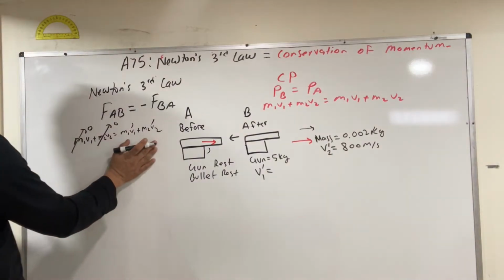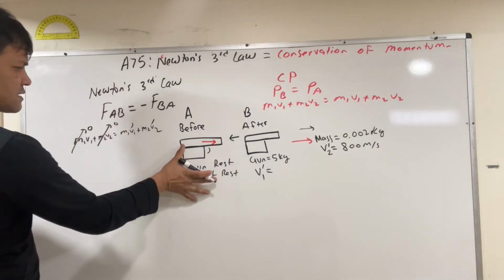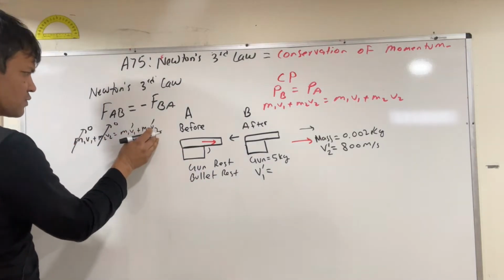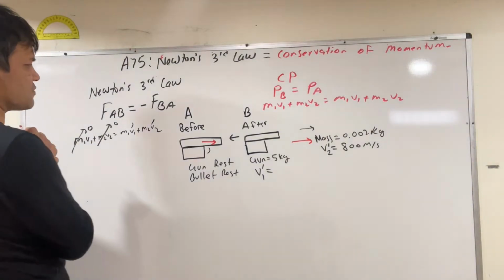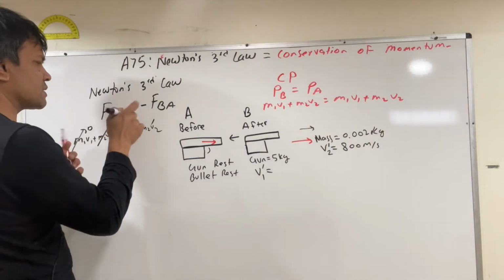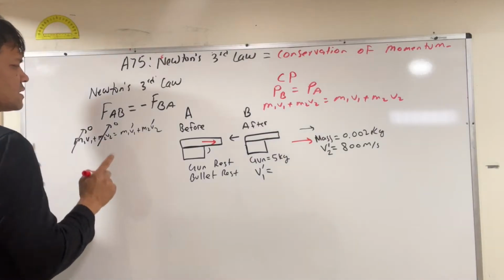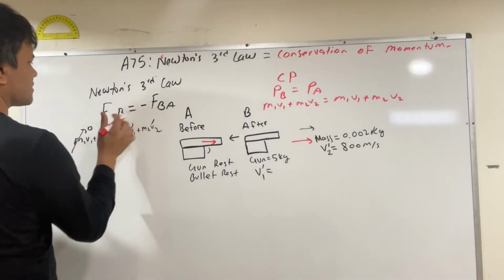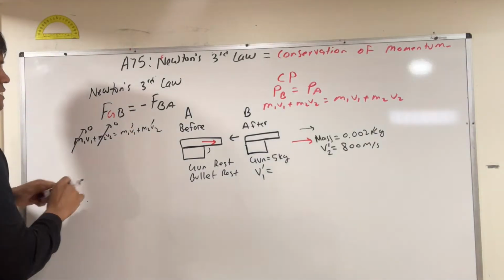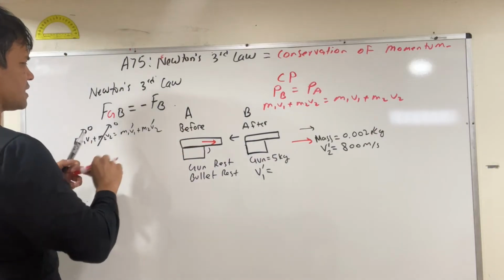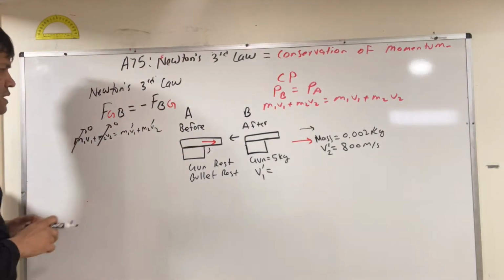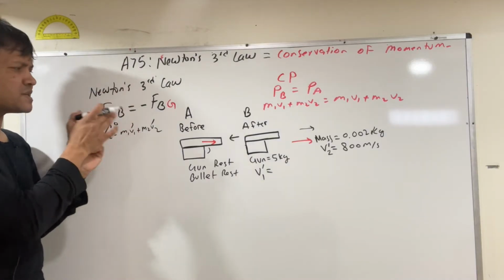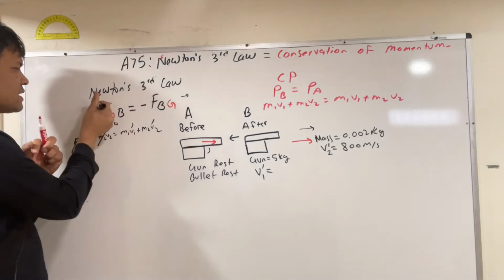Okay, so now here's what we have. The gun is at rest before, the bullet is at rest before, and the gun is moving because the bullet is moving. Why is the gun moving? Because of Newton's third law. The gun is moving because the bullet is moving; the bullet goes this direction, that's why the gun goes this direction.